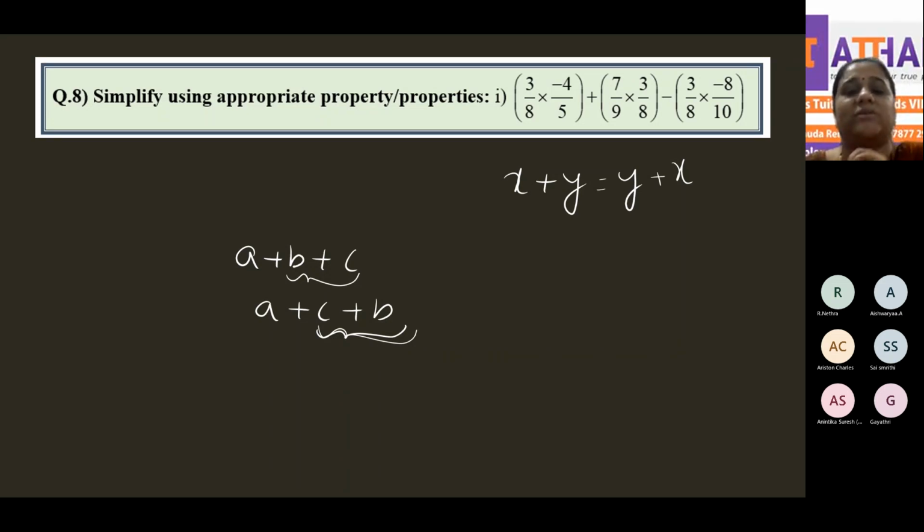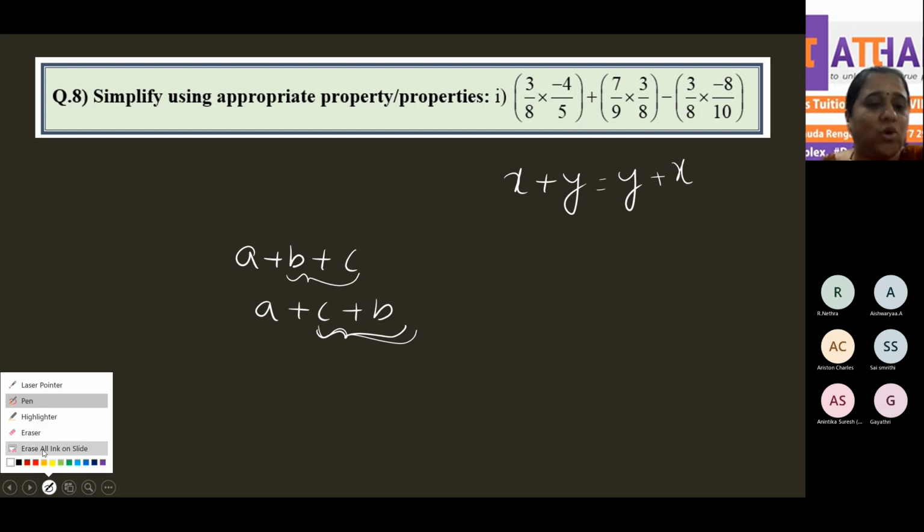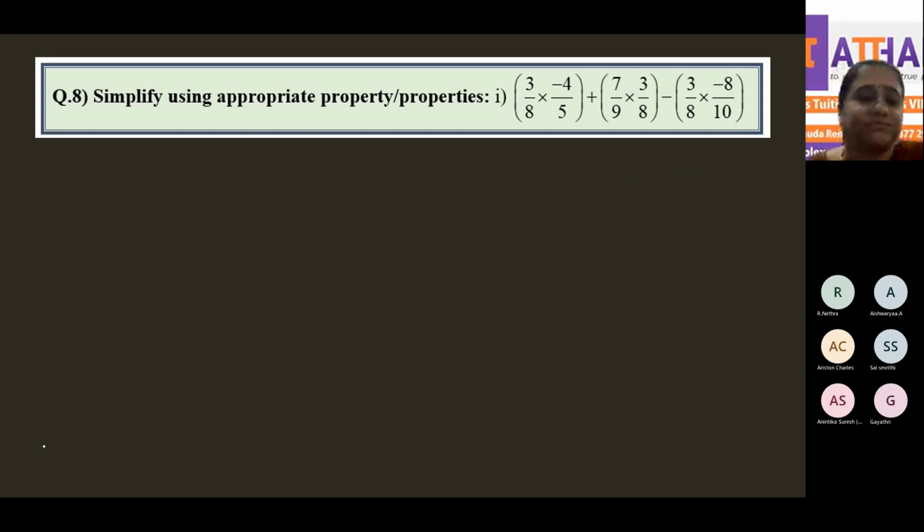Sometimes you use the commutative property and then the distributive property, and that is why the heading is simplify using appropriate property or properties. Sometimes you use only one property, sometimes more than one. Simplify means find the value of.